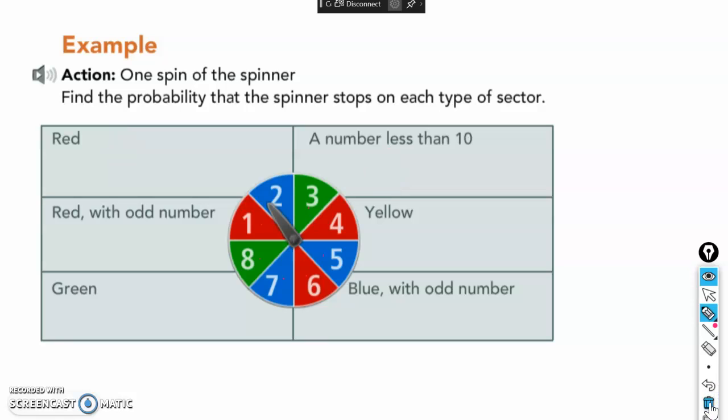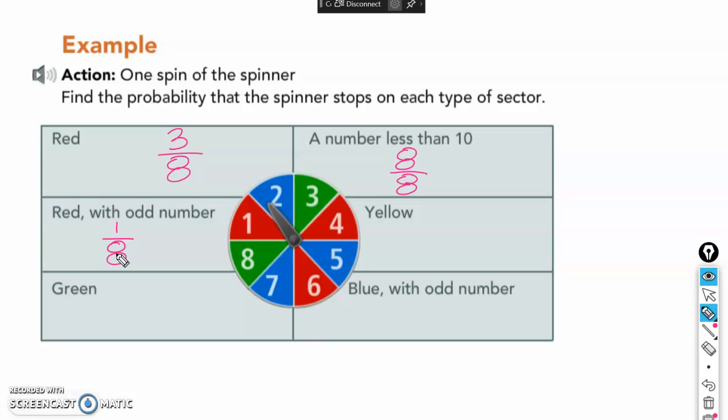If we look at the next one, it says red with an odd number. So here we're only looking at red numbers, and we have the numbers 1, 4, and 6. The only one that is an odd number is 1. So that means 1 out of 8 are red with an odd number.